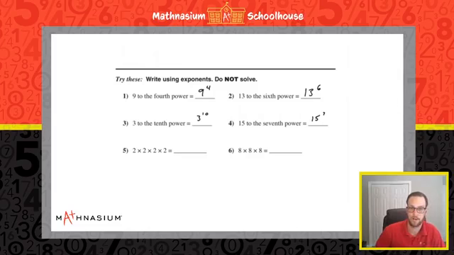And now for number 5, we see that it's written as repeated multiplication. So how many 2's do I see there that I'm multiplying? I have 4. So my exponent is 4 and my base is 2. For number 6, I have a base of 8 and an exponent of 3.